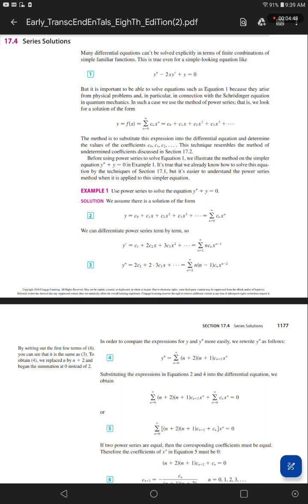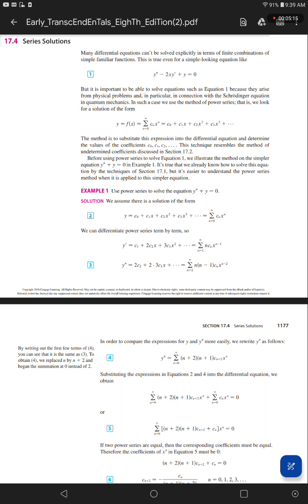Or equation 5, the sum from n equals 0 to infinity of open bracket open n plus 2 close open n plus 1 close c sub n plus 2 plus c sub n close bracket x to the power n equals 0.